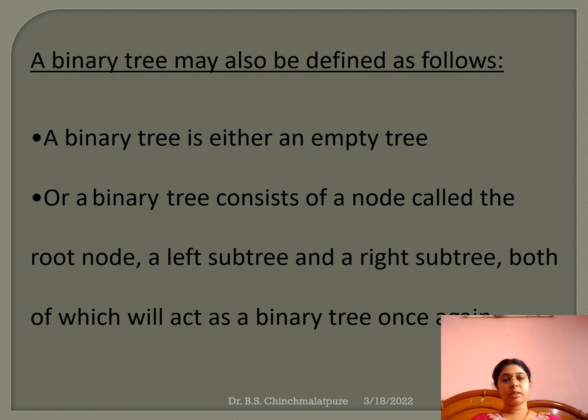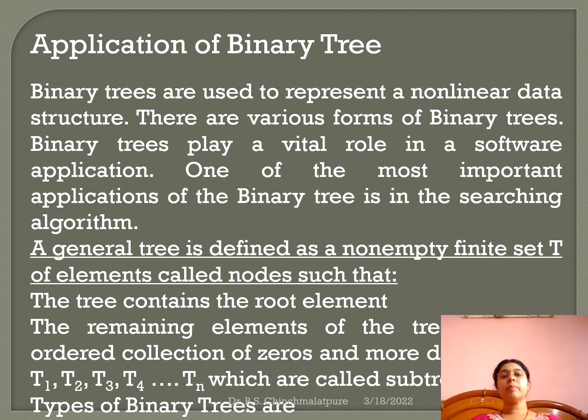In a binary tree, the first is the root node, the left side is the left subtree and the right side is the right subtree. Why do we call it a subtree? Because in a binary tree, we always add two children. This is a complete binary tree.